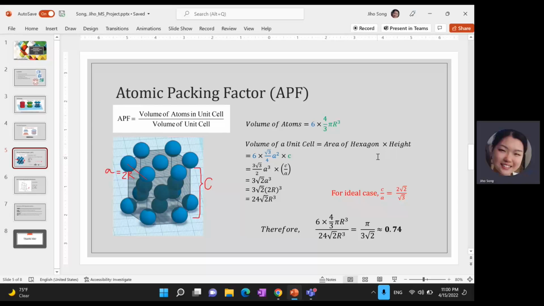For the area, it's easier if you think of it as finding the total area of 6 equal triangles. So we do 6 times square root of 3/4 times a squared and then times c. Using the information that for ideal case, c/a is 2 times square root 2 over square root of 3, and putting them all together, we end up with about 0.74 for the atomic packing factor.